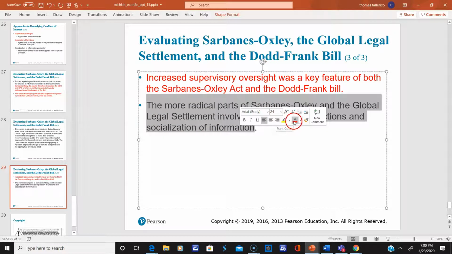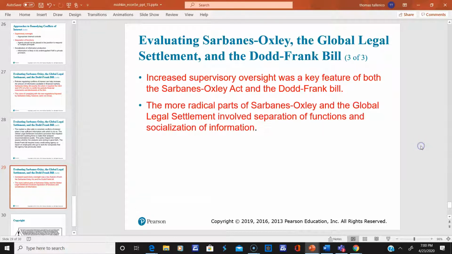And it separated a lot of functions with regard to information. So I'll be adding more stuff to this. Alrighty, that's about it for this chapter.